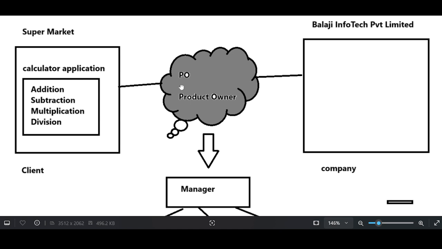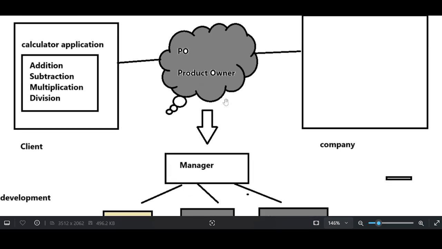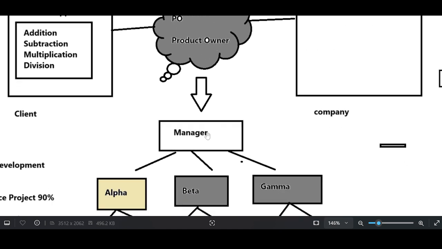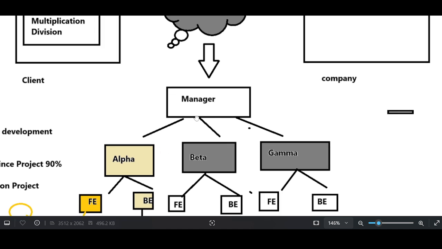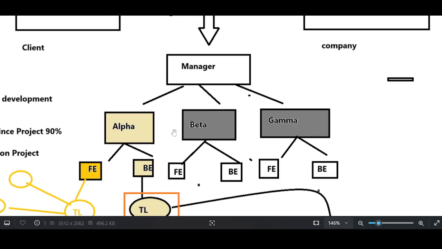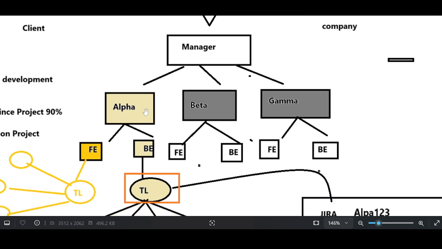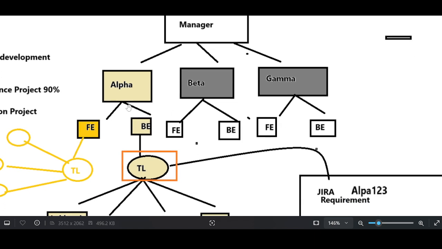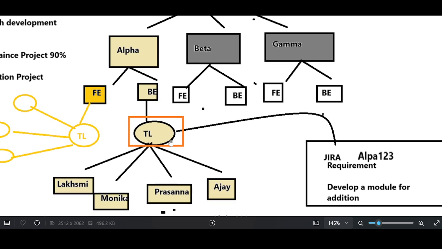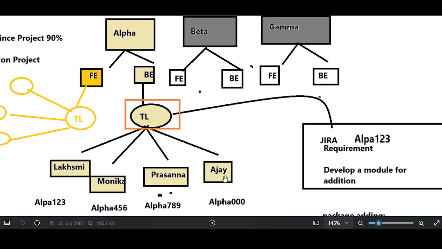After the collaboration, he gives this as input to the manager. Under the manager, there are usually many teams. In our example we have taken 3 teams: alpha, beta, and gamma. Under each team there are two sides: front-end developers and back-end developers. We are learning Java, so we are back-end developers. Under back-end developers there will be one team leader, and some back-end developers under each team.